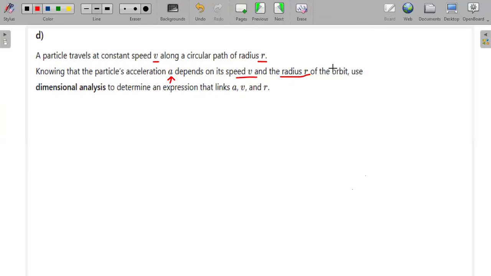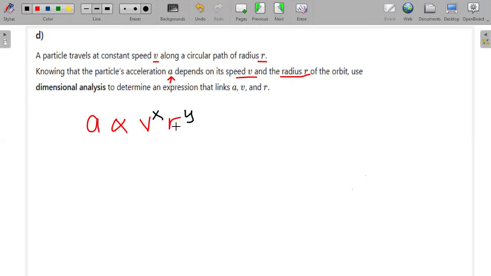So what do we mean by that? We're just going to write a, which is the acceleration, is proportionally related to v and r. Now on this v, you're going to put a power, any letter of your choice. So here I'll choose x. And then on the r, you're going to put a power like that. So that's the first step.